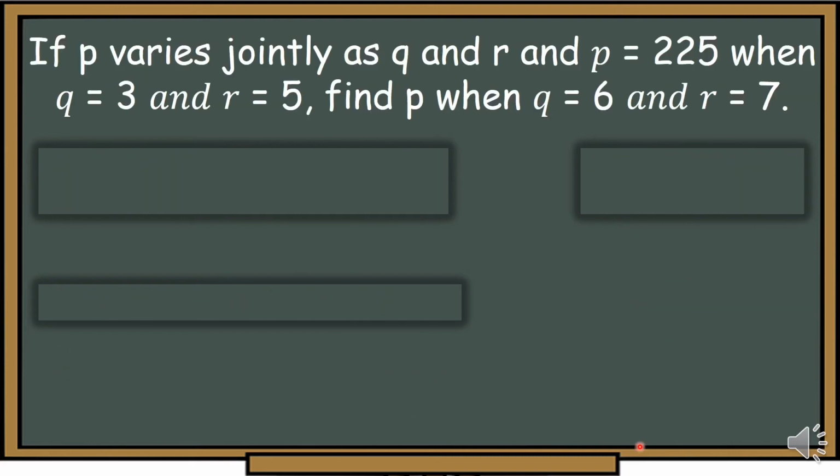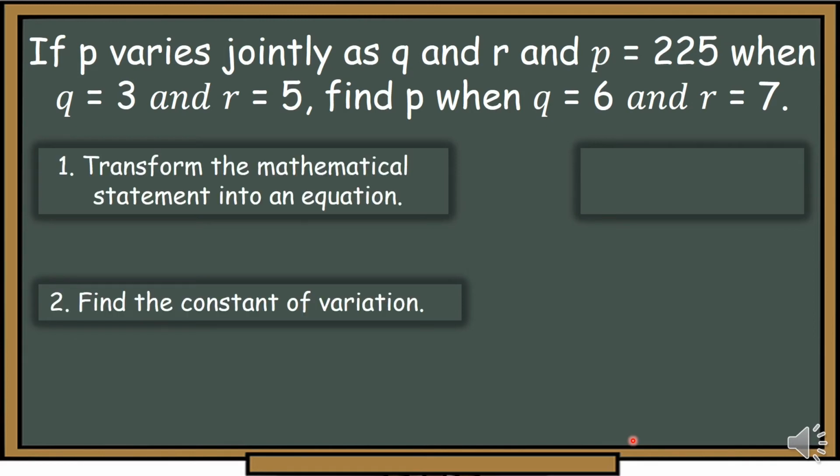Next, if P varies jointly as Q and R, and P equals 225 when Q is 3 and R is 5, find P when Q is 6 and R is 7. Of course, again, we will be using the 3 steps.